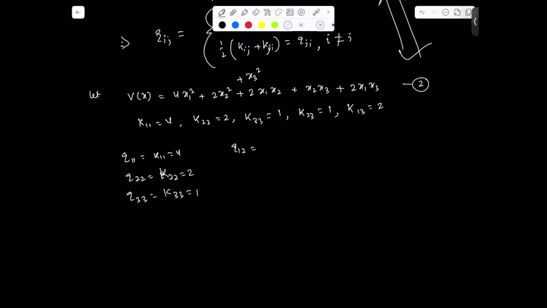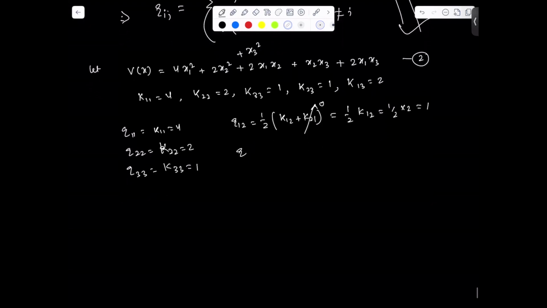And Q12 we can write half of K12 plus K21, where K21 is 0. So we can write half K12, and K12 actually we have 2. So half into 2 equal to 1.